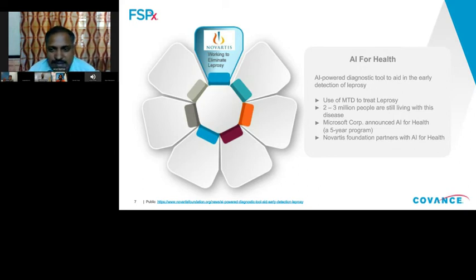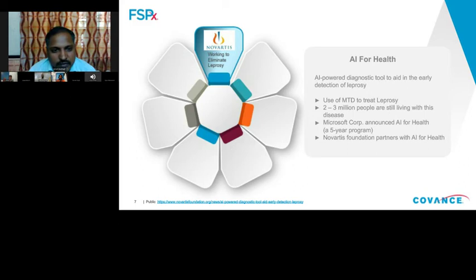The example I'll be quoting is Novartis's AI-powered diagnostic tool, which they have created to aid in early detection of leprosy. So the Novartis Foundation has been working around the world to eliminate leprosy, and they have made significant improvement in curing most of the people.